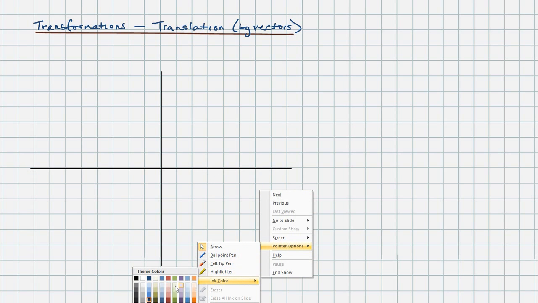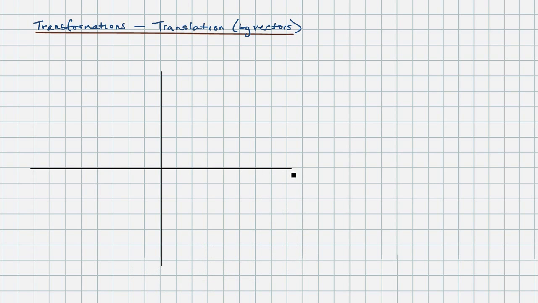When we're numbering up our axes, it's a good idea if we keep our numbering relatively small so it doesn't get in the way.